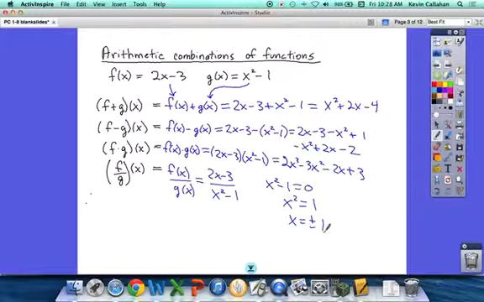So we have to say for the domain, x does not equal plus or minus 1. It implies it equals everything else, but it doesn't equal those. Sometimes they may say all real numbers except, but that's a sufficient way to write it. x does not equal plus or minus 1.